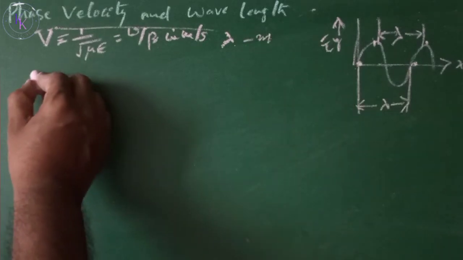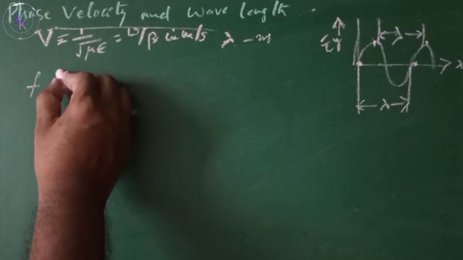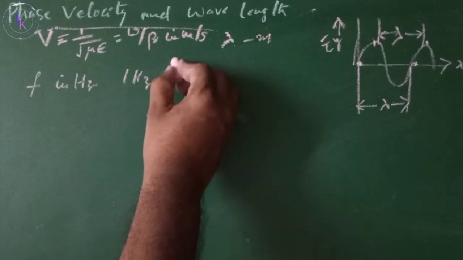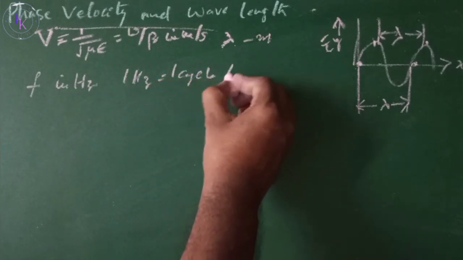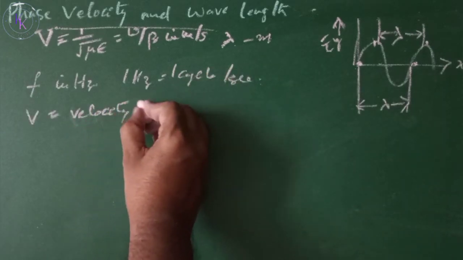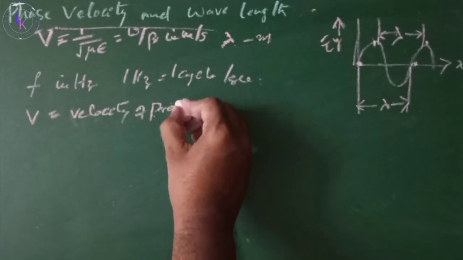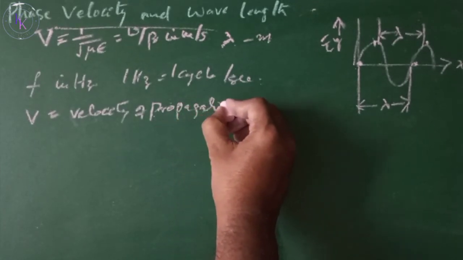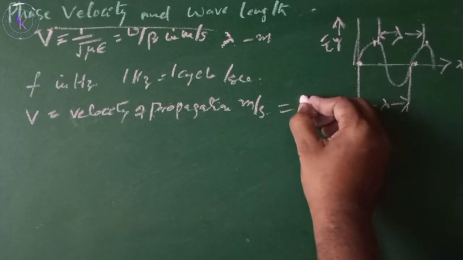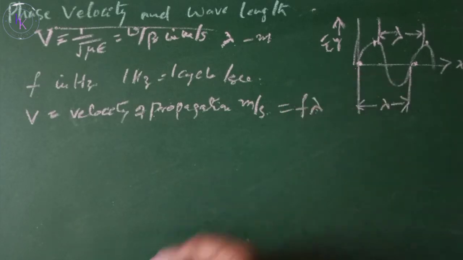Let f denote the frequency in Hz, then 1 Hz equals 1 cycle per second. The velocity of propagation, in meters per second, is v equals f lambda.